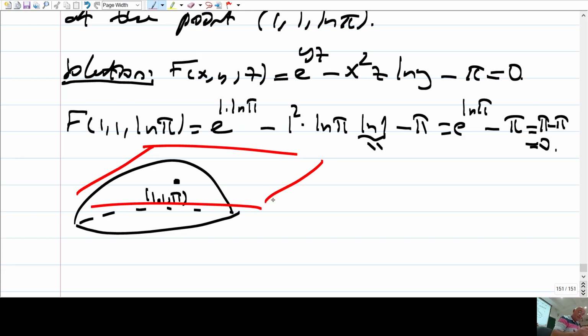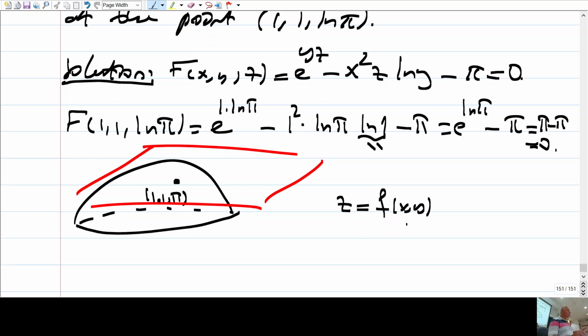Well, you see, first, if I can write this function z given implicitly by f of xyz equals 0 like this, then I can just write down the equation of the tangent plane. All I need is just one point and the normal vector.